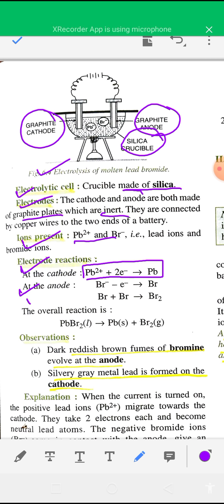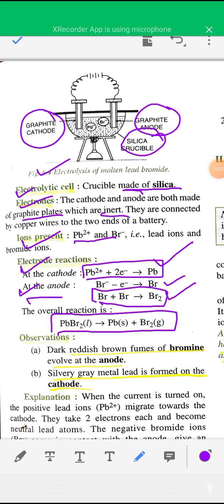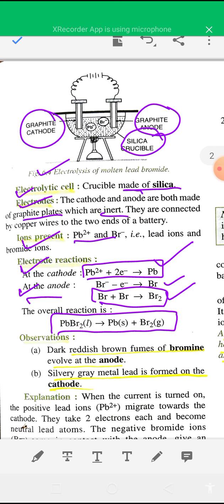And at anode, Br- migrates toward anode and loses 1 electron, and is converted into a bromine atom, and 2 bromine atoms combine together to form a bromine molecule, Br2. So at cathode you will get lead, and at anode you will get bromine. The overall reaction is PbBr2 gives Pb solid plus Br2 gas.